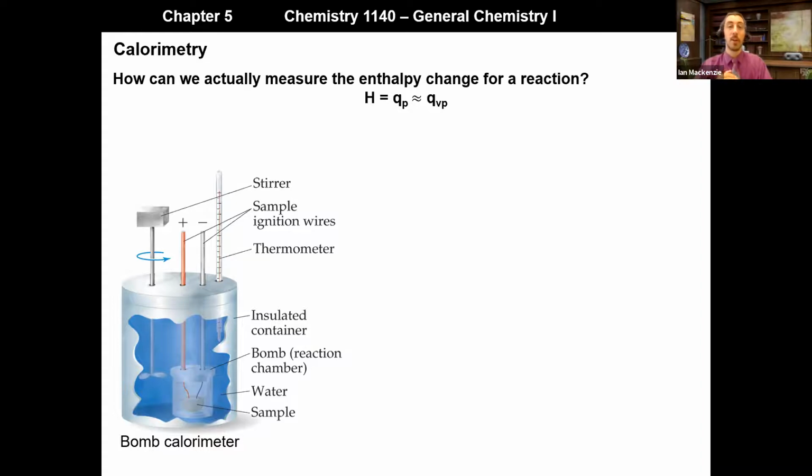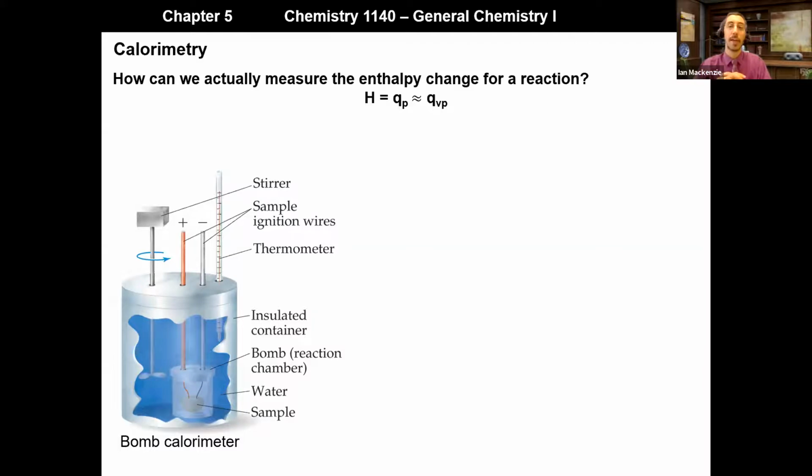What we can do in the majority of cases is this: often that change in pressure does need to be accounted for by some other calculations, but normally the contribution from that change in pressure is fairly minimal.